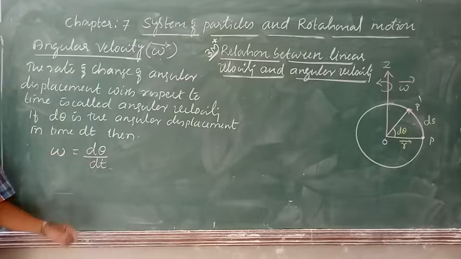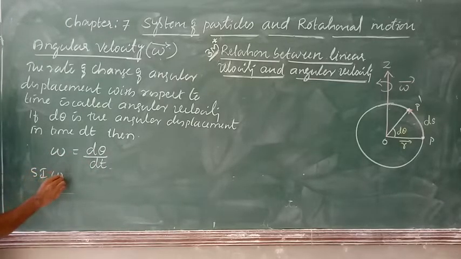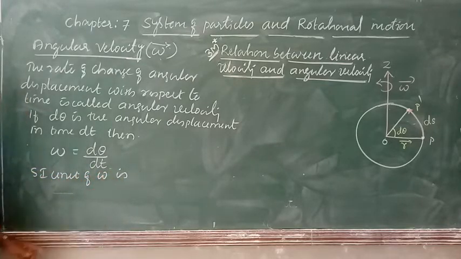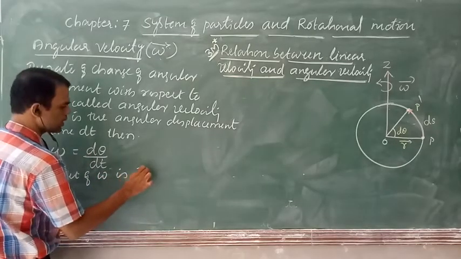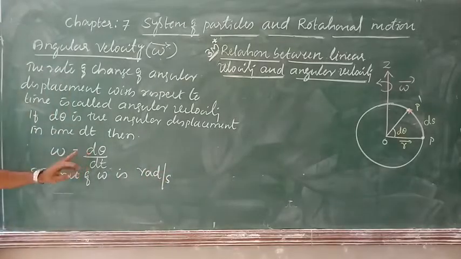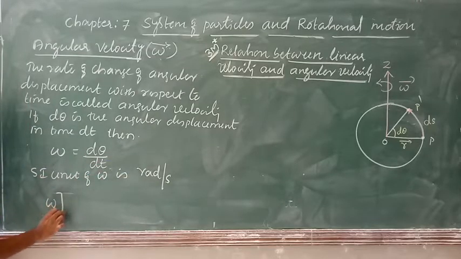Angular velocity is a vector quantity, and the SI unit of omega is angular displacement over time taken. So it is rad per second, because angular displacement is measured in radian and time is measured in second.